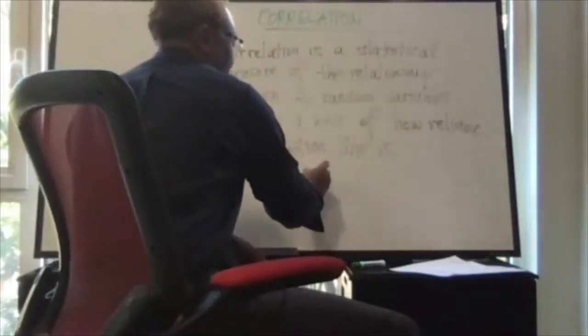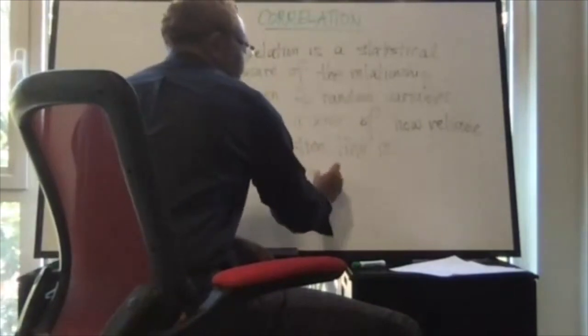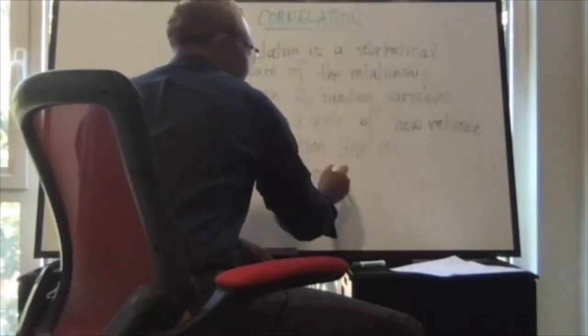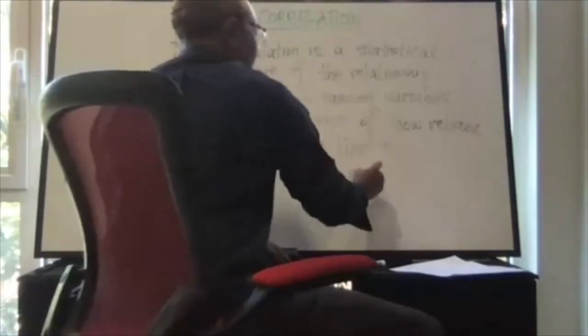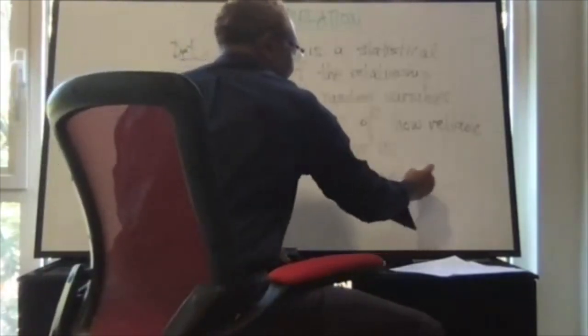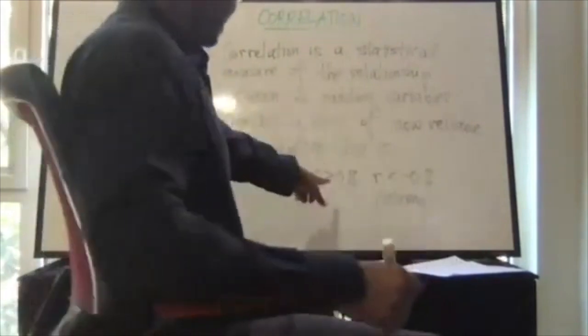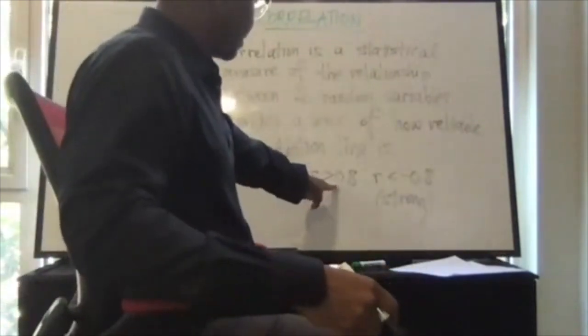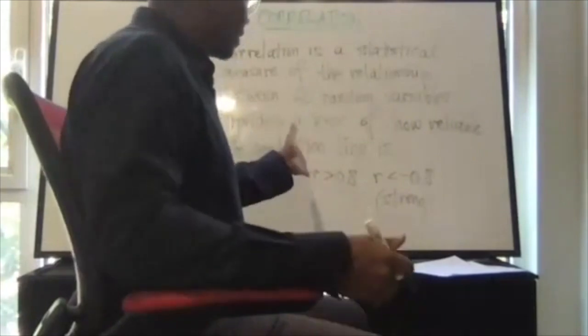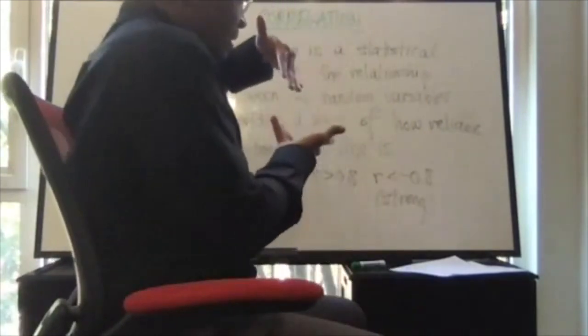But in general, if R is greater than 0.8, or if R is less than -0.8, we say there's a strong relationship between these two variables, like the amount of money you spend and money, or whatever the two variables are. So you can imagine this picture, R equals 0.8. The closer it gets to 1, the closer those lines come to touching.